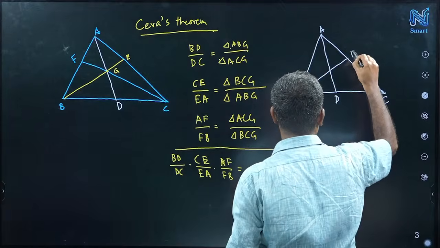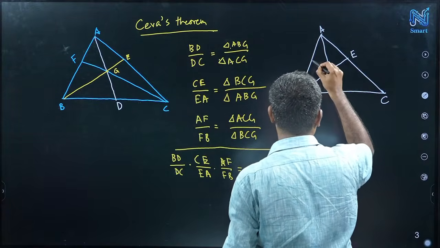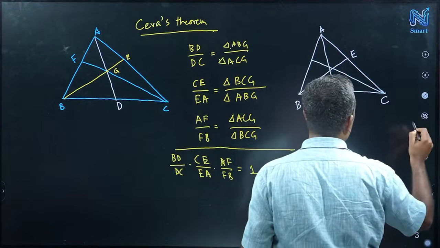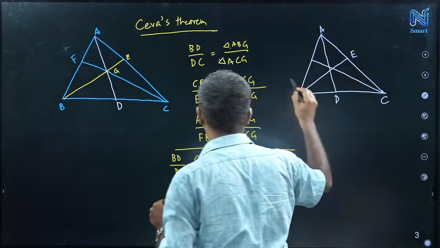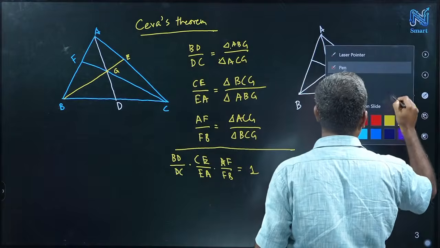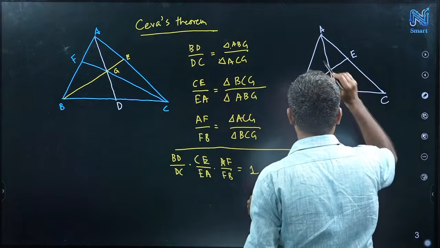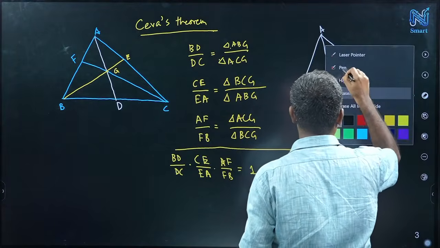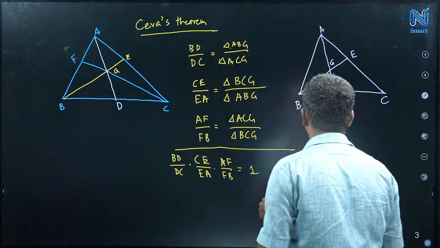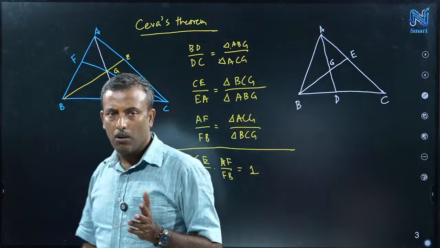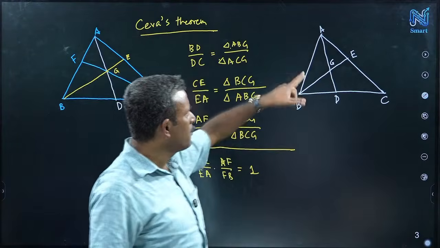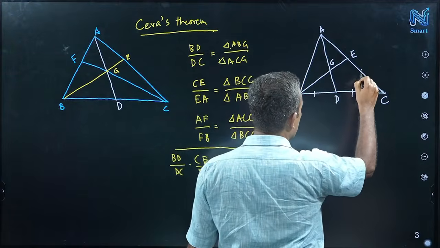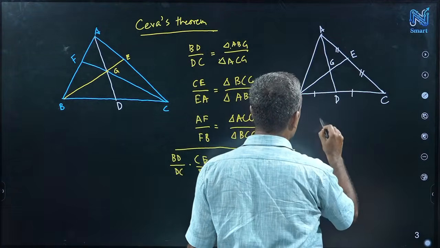E is the midpoint of AC. And they meet at G. So D is the midpoint of BC, E is the midpoint of AC. That means BD is the same as DC and CE is the same as AE.